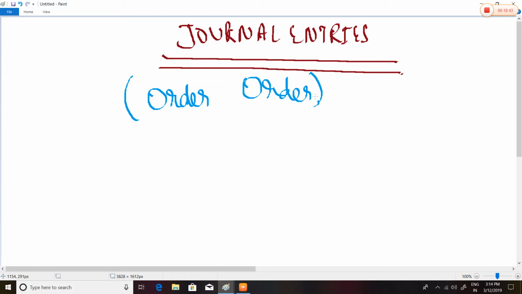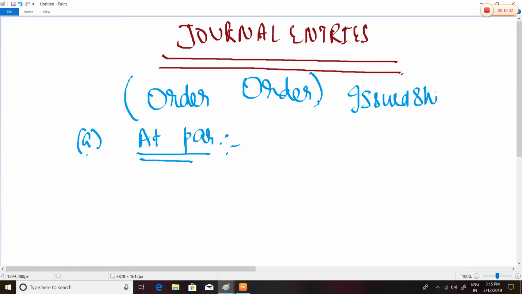Okay. First, in the first case of at par, if the shares are issued at par, let's say the company has issued shares at rupees 10 each. In this, I am assuming that the money is received in installments.